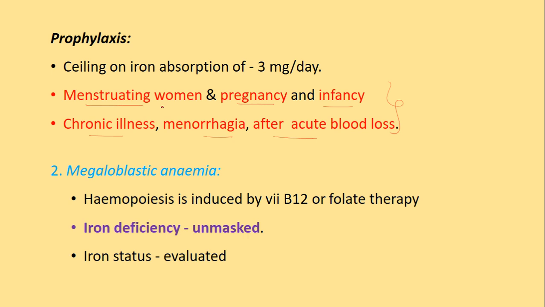In such cases, you have to give supplemental iron prophylactically. The second use is megaloblastic anemia.